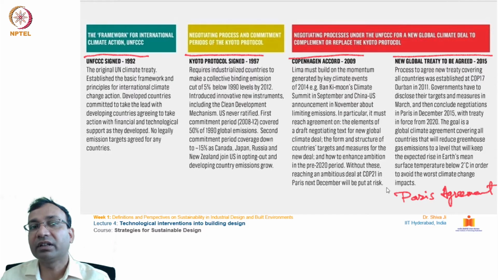This was the latest, recent, major agreement between the major economies of the world, whether developed or developing countries, to prepare a consensus for sustainable development.